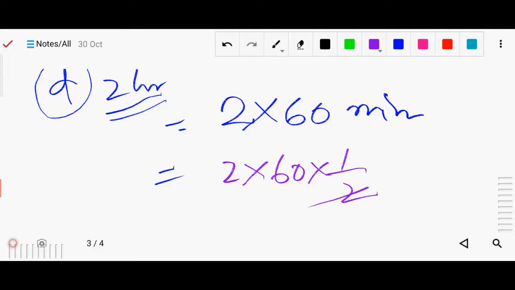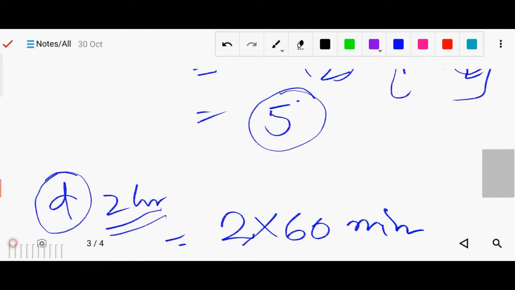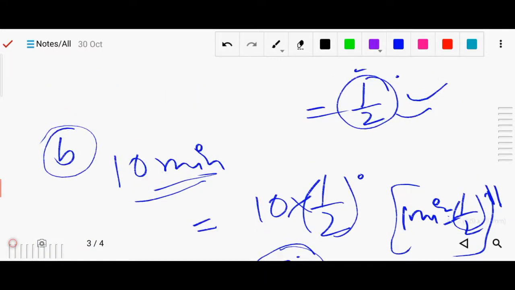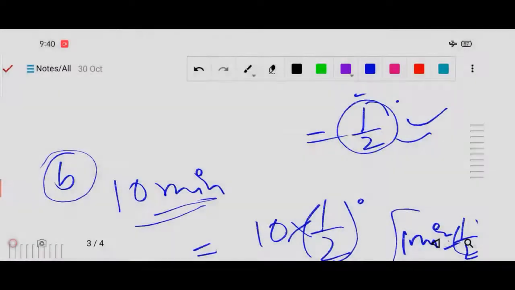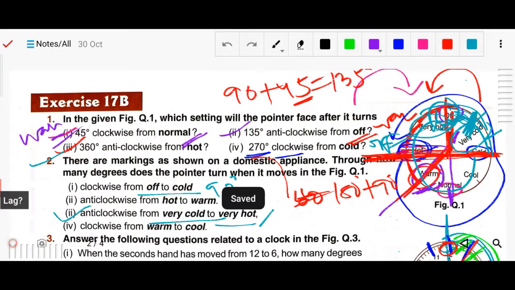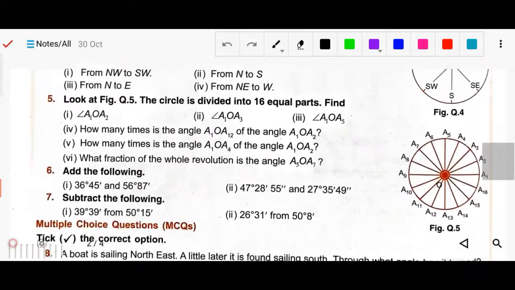So now this 2 cancels, so your answer is only 60 degrees. So likewise you have to do. If the question is asking about the hour hand, we will use this formula. If we use the minute hand, we will use another one that we have. Okay, now next is that number, you can see here.